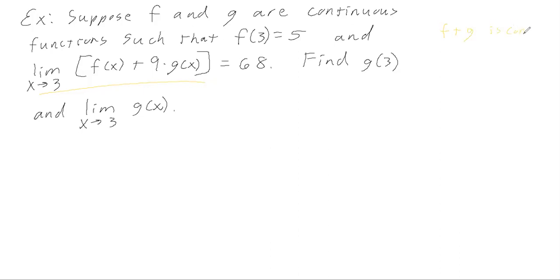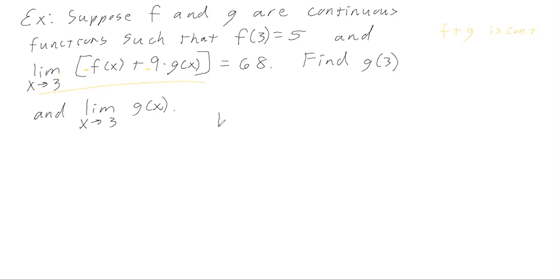We're going to use that fact. We're going to use also the fact that we can take this limit and bring it into the inside there, okay? That was just a property of limits from one of the earlier sections.